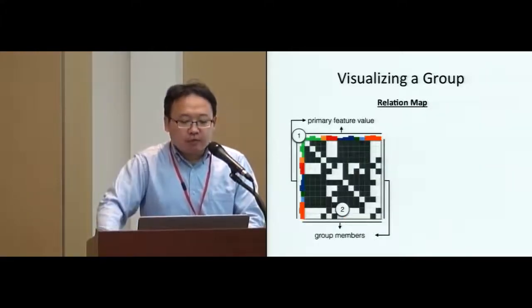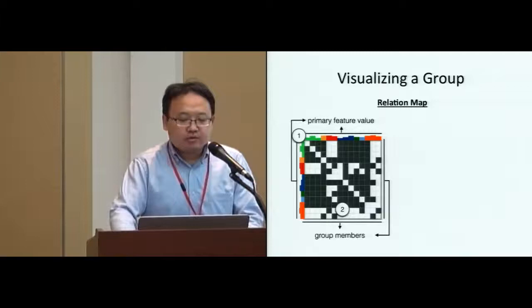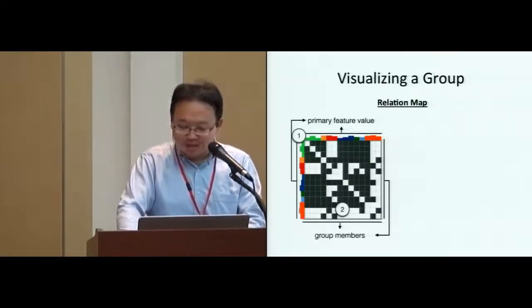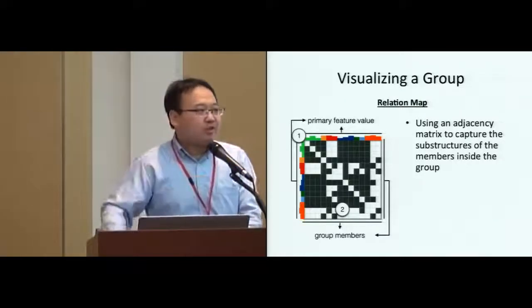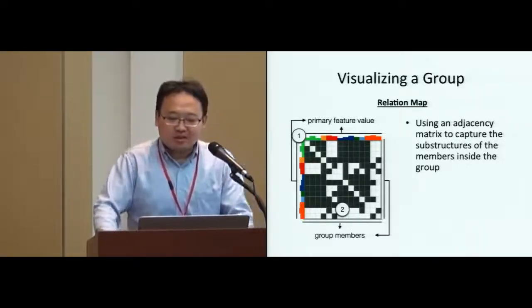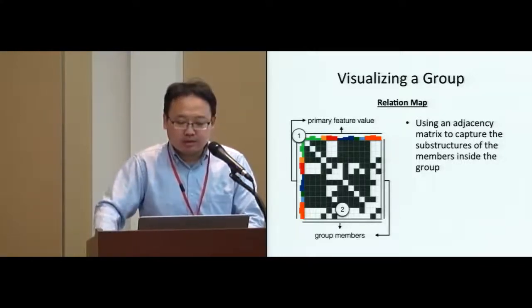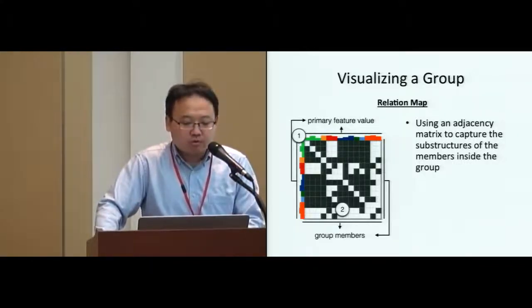So the second view is called a relational map. So actually, the relational map is another matrix visualization. And we already introduced a lot of matrices in this session. However, this time we also use a matrix, an adjacency matrix, to represent the substructures of the group.